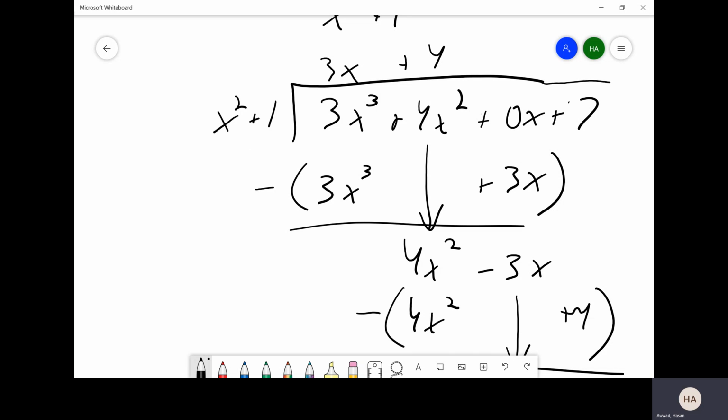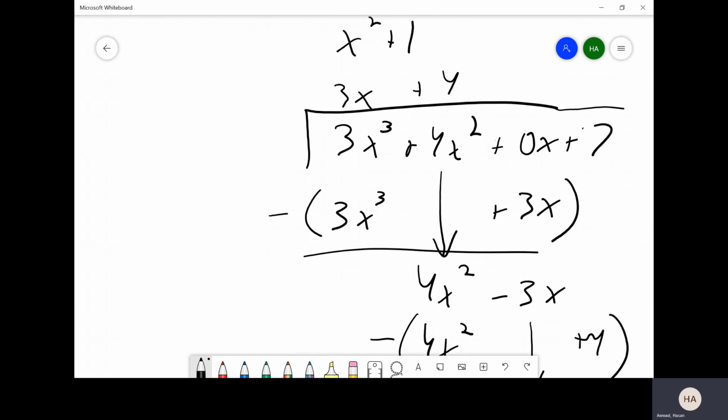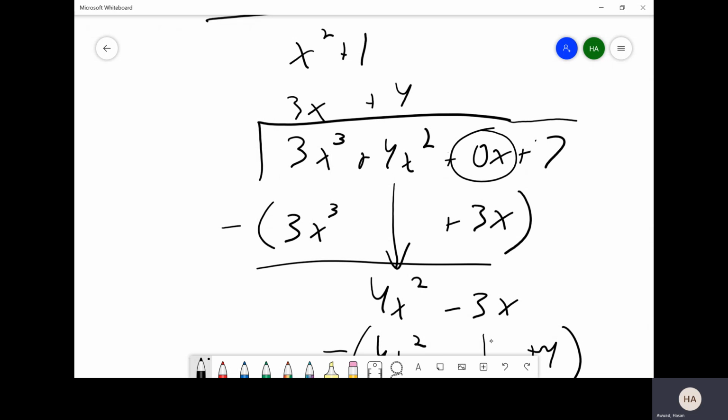If it helps you understand this better, instead of writing it as x squared plus 1, you could do the same trick that we do by putting a placeholder here. You could make it x squared plus 0x plus 1, and that would solve your problems, right? Why would this solve your problems?